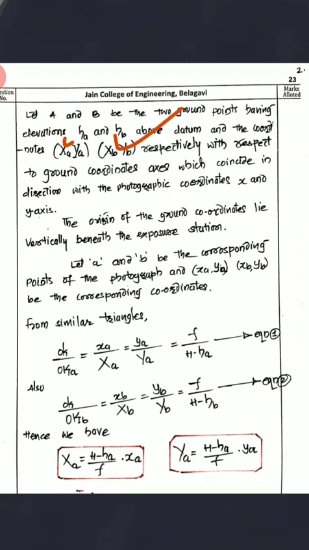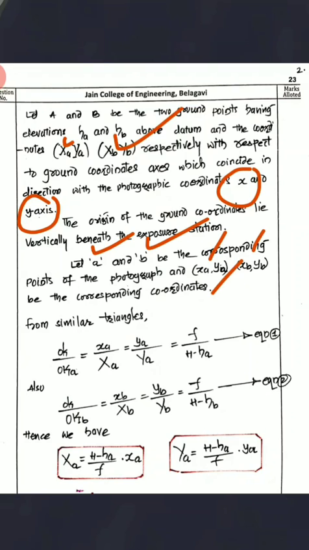You also have the photographic coordinates, small x and small y, with respect to the x and y axes. I have written that here also. Let small a and b be the corresponding points on the photograph, that is, small xa, ya and small xb, yb are the representative coordinates on the photograph.